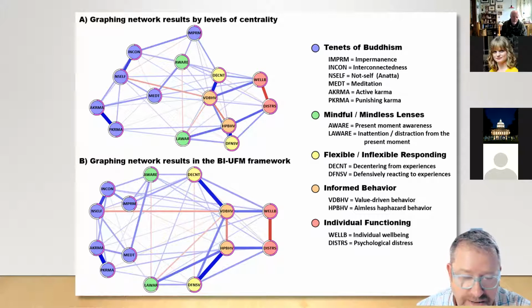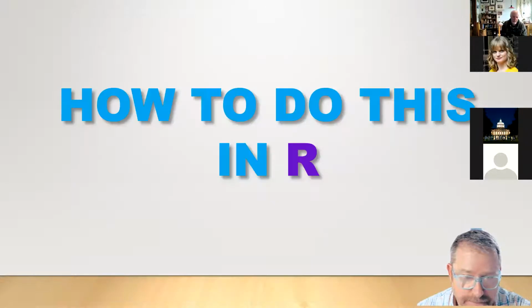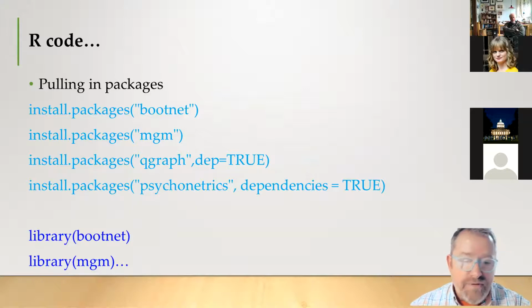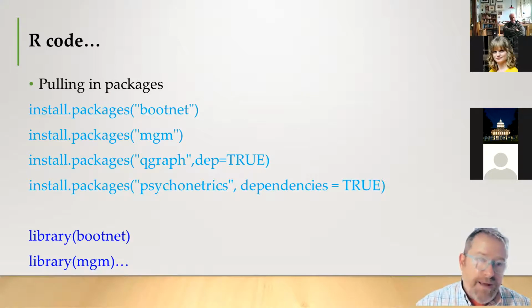Okay, so how did I do this network analysis? Usually any R code starts with a bunch of install packages commands. R is pretty good. If you're trying to install bootnet, you can put in dependencies equals true so that if it needs another package, it pulls that package in as well.